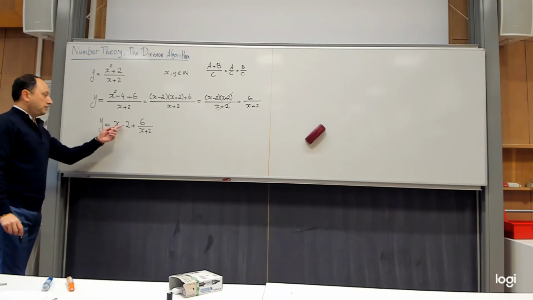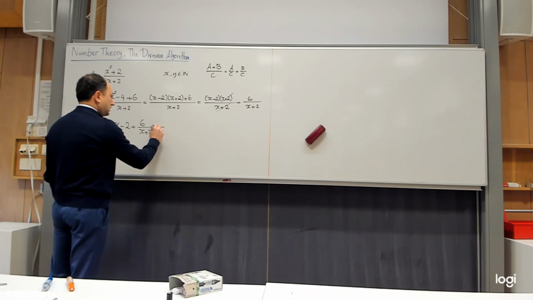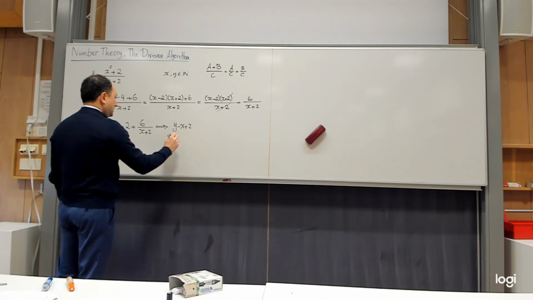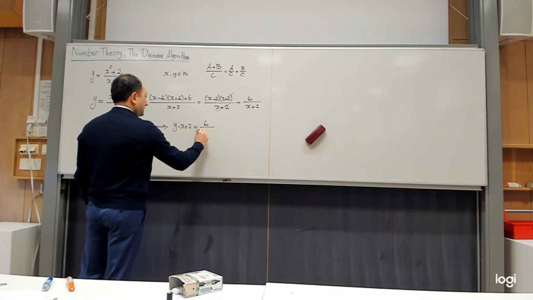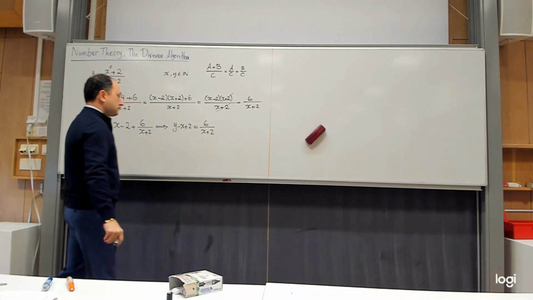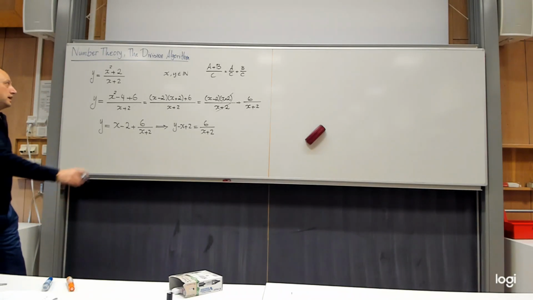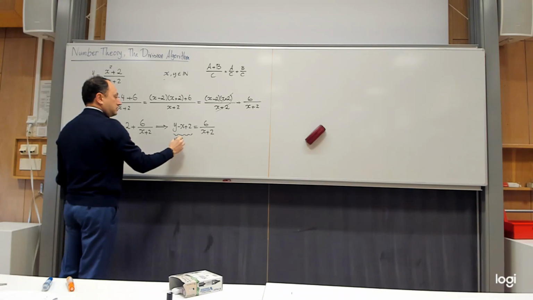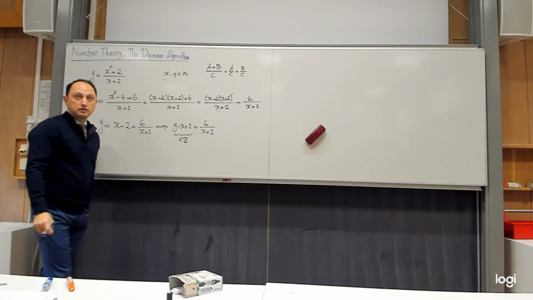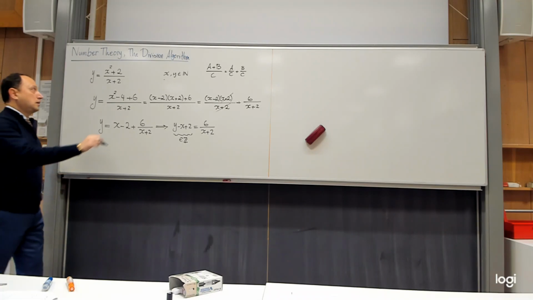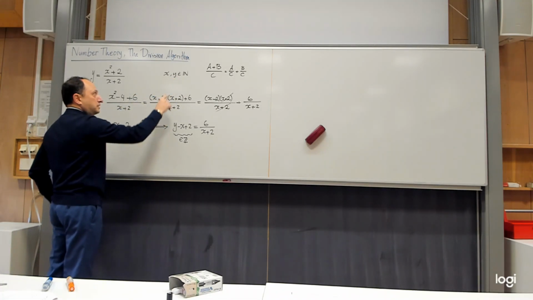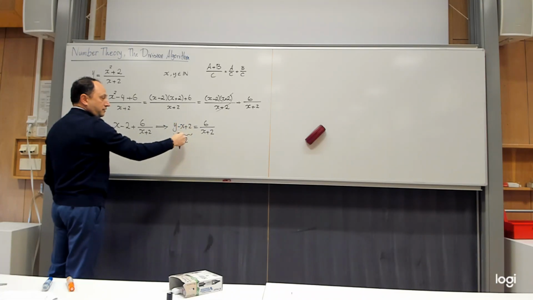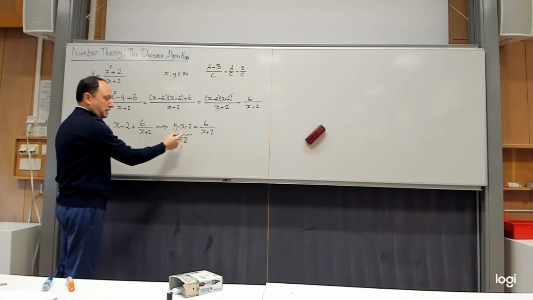But now, if I move everything to the other side, this means that y minus x plus 2 should be 6 over x plus 2. Yes? I want x and y in N, so the left side is definitely an integer. If x and y are natural numbers, depending on which one is bigger, this one is definitely an integer. Even if this is negative, that's okay.